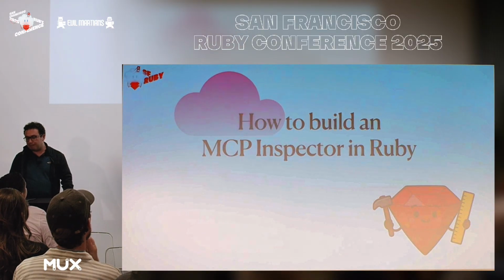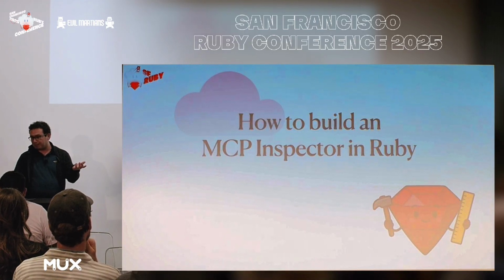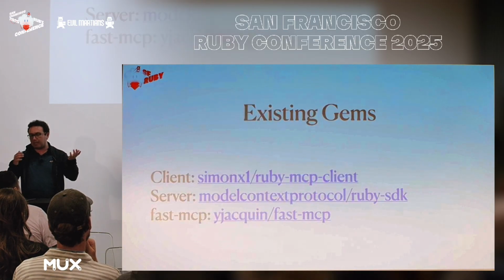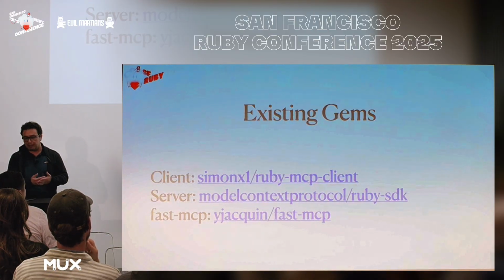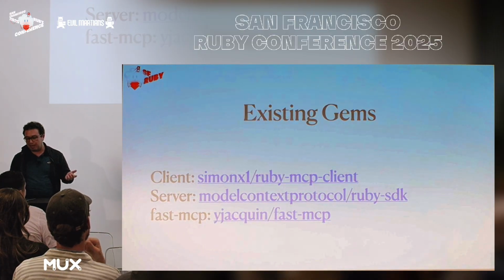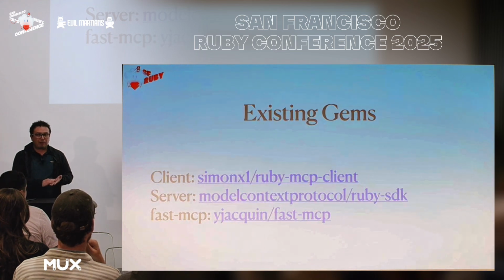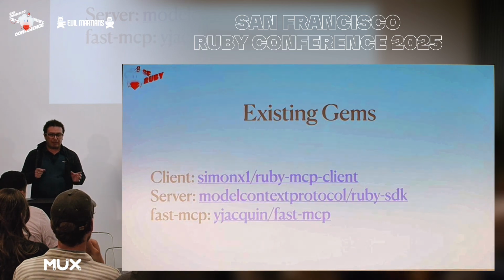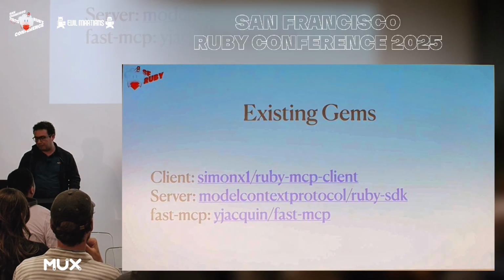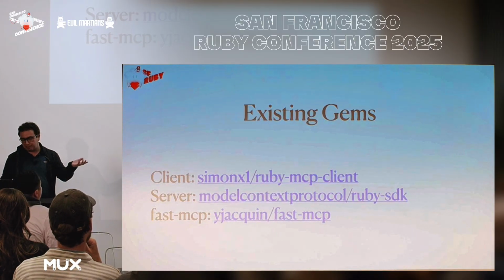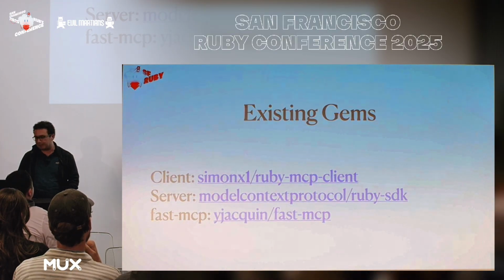So how do we build the inspector? First, let me tell you that I'm using existing gems. I'm using the Ruby MCP client. I'm using the Model Context Protocol SDK, which is the default one, the one supported by Anthropic and Shopify. And finally, like we already did, we used the FastMCP gem to build our own server.